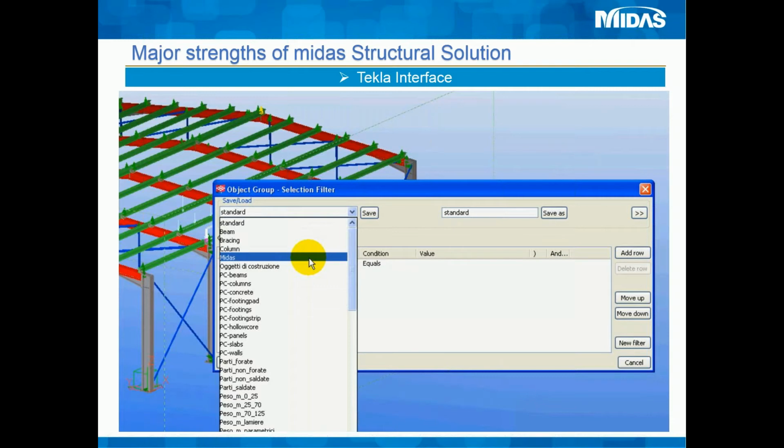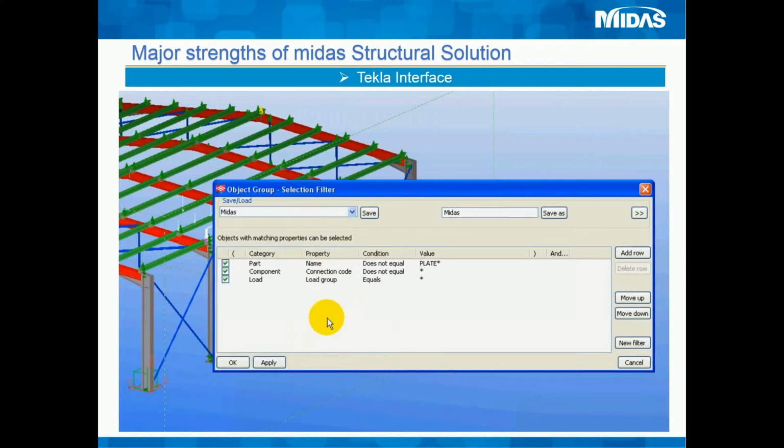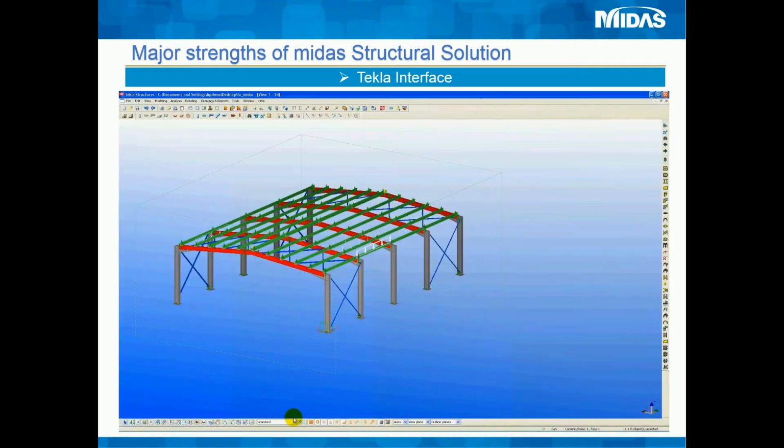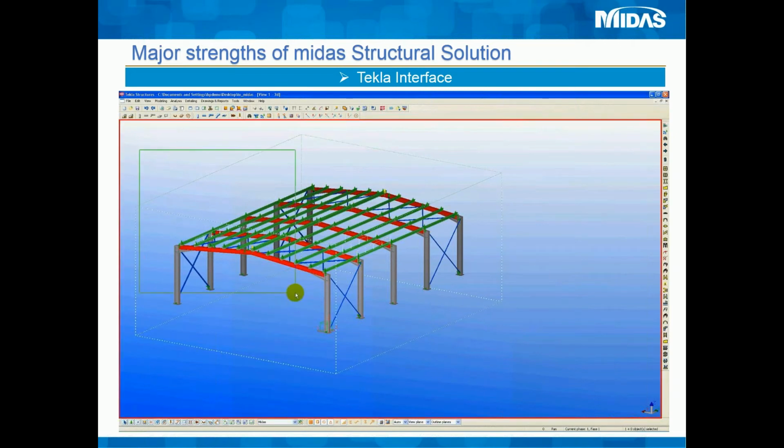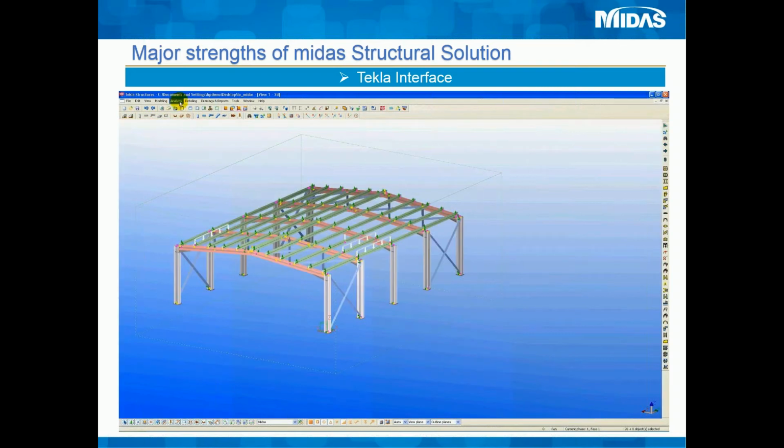So in this way we can filter the objects or the properties to take into MIDAS Gen. Now this is the selection of the model to be exported to the MIDAS Gen program.